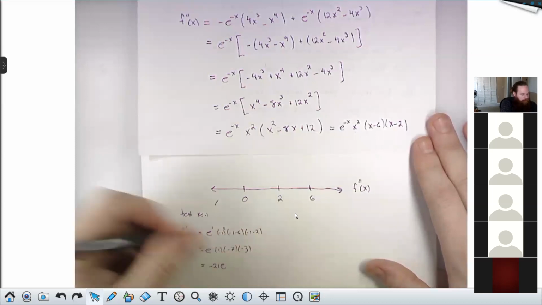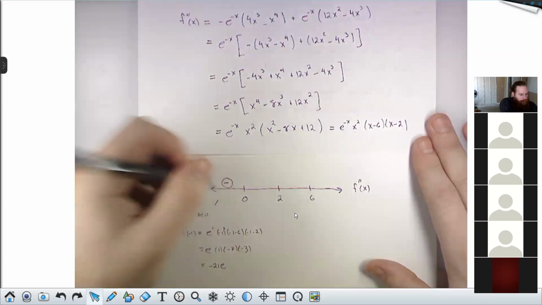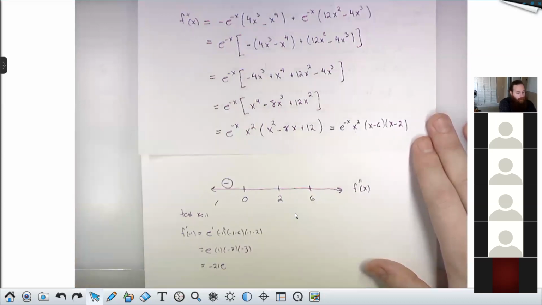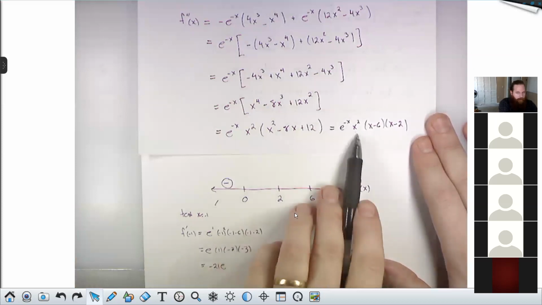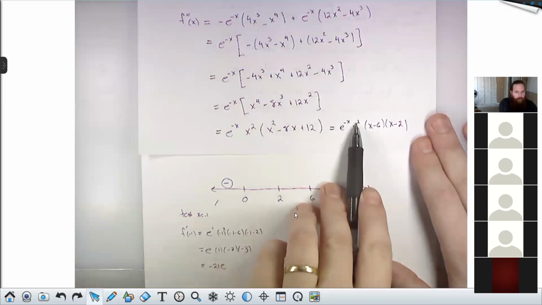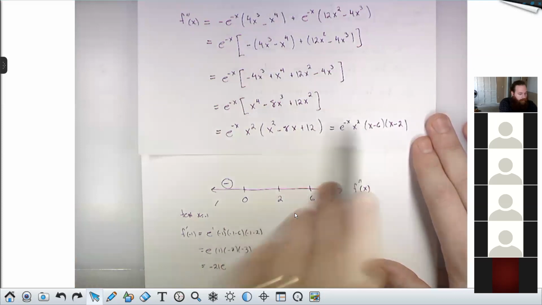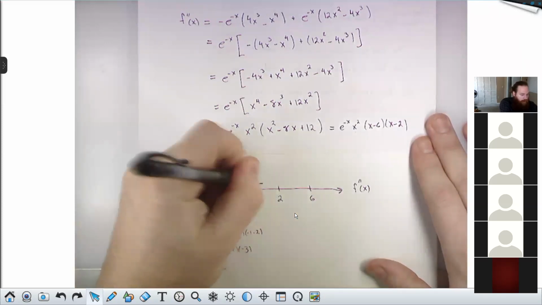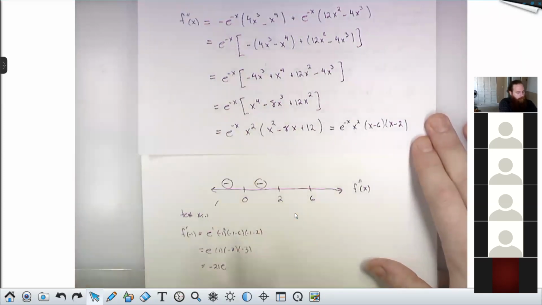And since e is positive, this is negative. The multiplicity of the factor that gave me this 0, remember that came from this factor, is 2. Since 2 is even, I will not change sign. That's the multiplicity trick. If your number comes from an odd multiplicity factor, you will change sign as you jump over that number. If your number comes from an even multiplicity factor, you will not change sign.